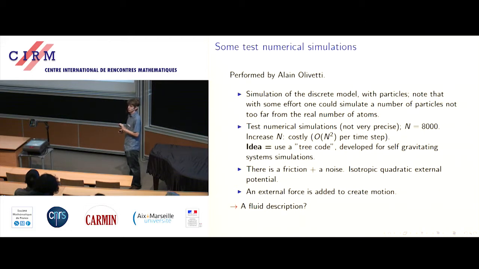Everyone interacts with everyone, so on each time step, it's costly to do the computation. So he's using what is called a tree code, which is a trick that was invented, I guess, for simulating large self-gravitating systems, and he's adapting it for these simulations. This speeds up the computation of the force a lot at the expense of a small approximation.